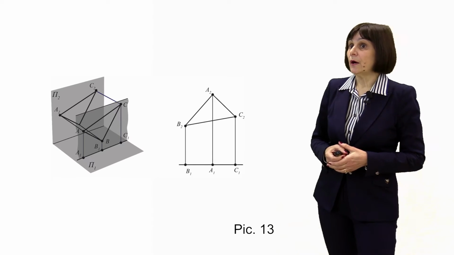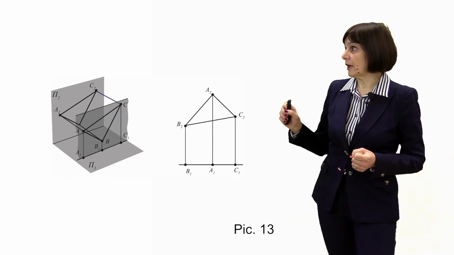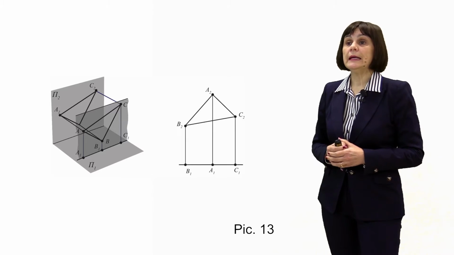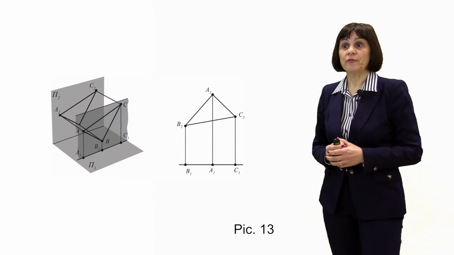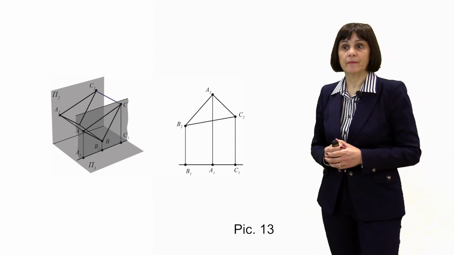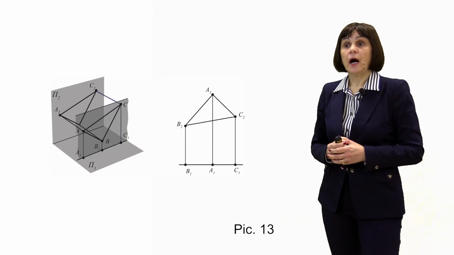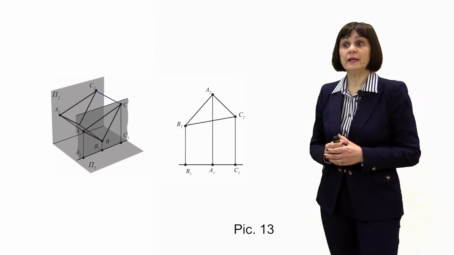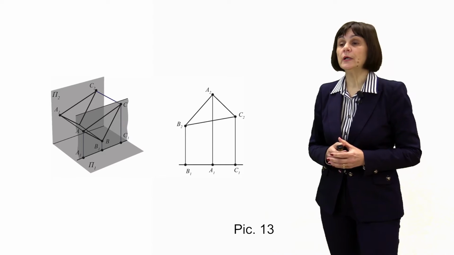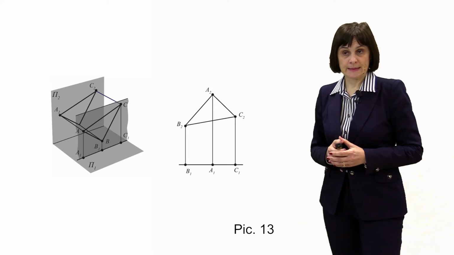Front plane of the level on this drawing is a plane parallel to the front plane of the projections. Now, our triangle ABC, lying in the frontal plane of the level, is projected on the plane pi2 in full size.